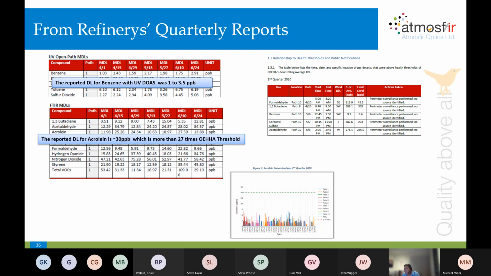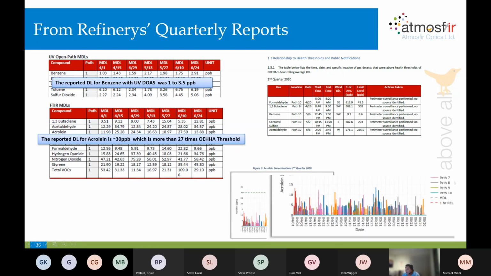But even worse, if you look at the graph below, in red you can see the line of the threshold. All the colors are the different paths. Someone can mistakenly think that the acrolein is all the time exceeding the limit, something that is not true.